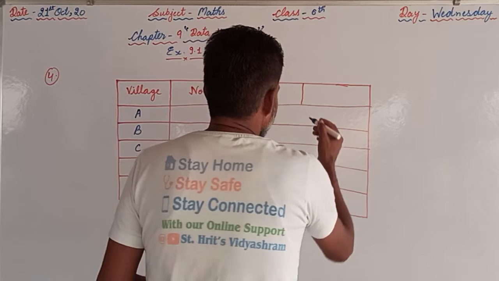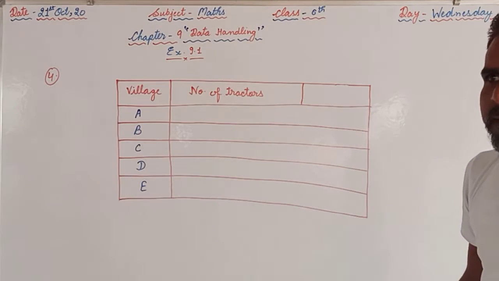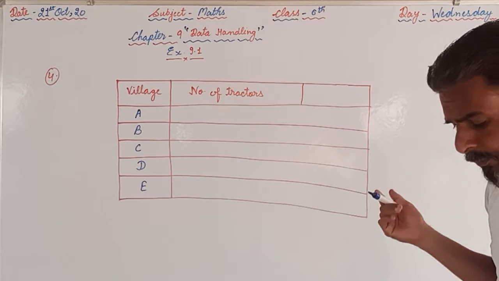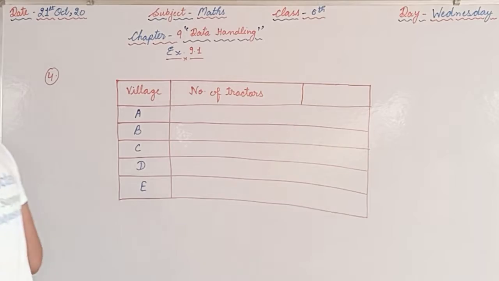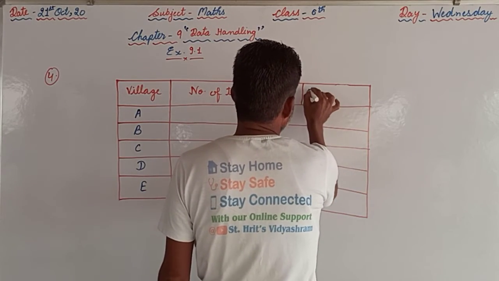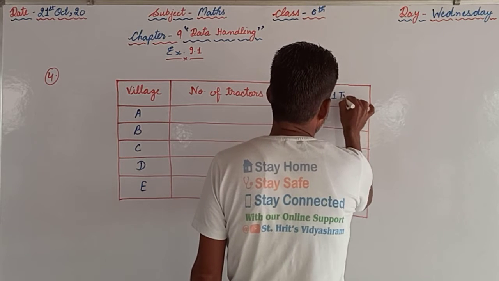Now here in pictograph the scale is also required, that the picture displayed there, what type of information that is providing. So we cannot draw the tractor here, so we will draw one box is equal to one tractor.